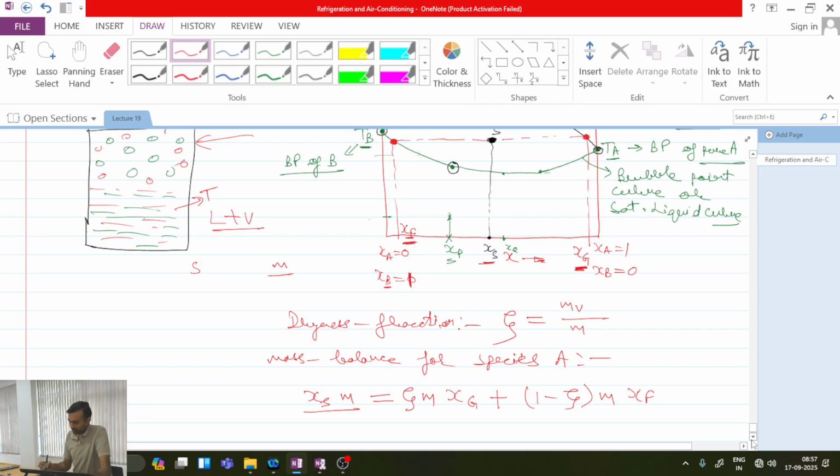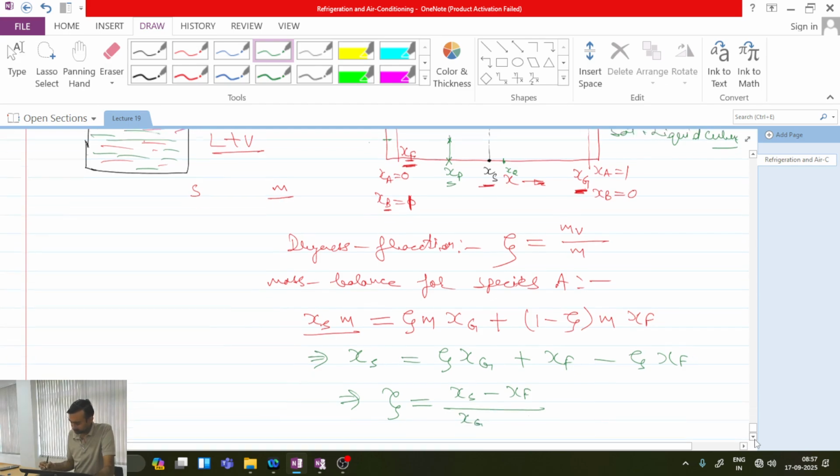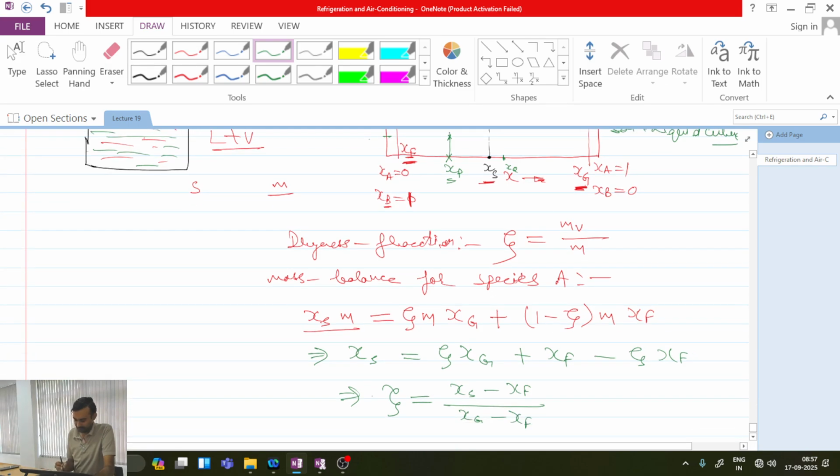From here, M will cancel out, and what will I get? Xs equals zeta into Xg plus Xf minus zeta into Xf, and from here zeta can be simply given as Xs minus Xf divided by Xg minus Xf. So this is how you can calculate the dryness fraction in a mixture.